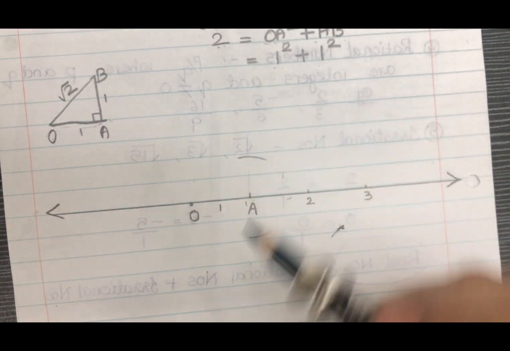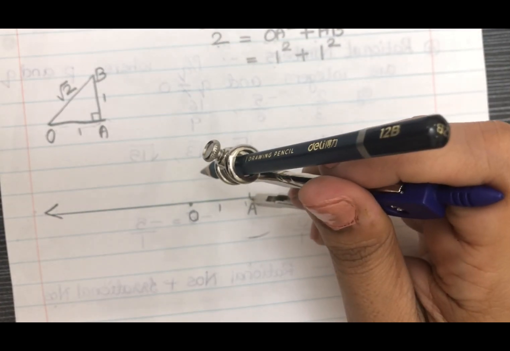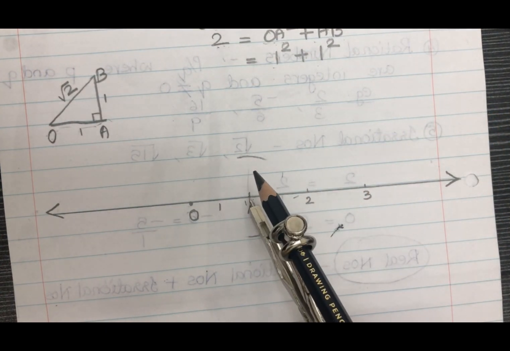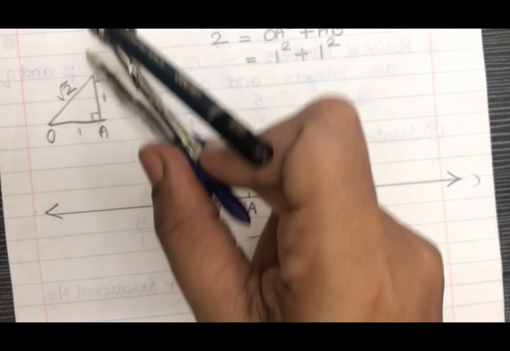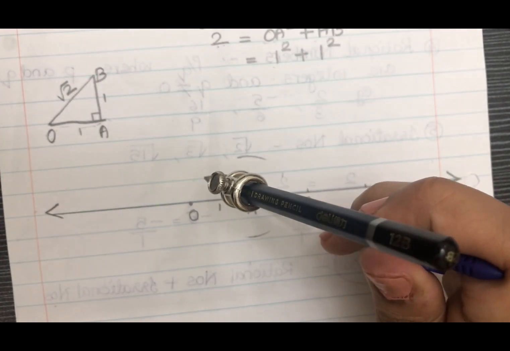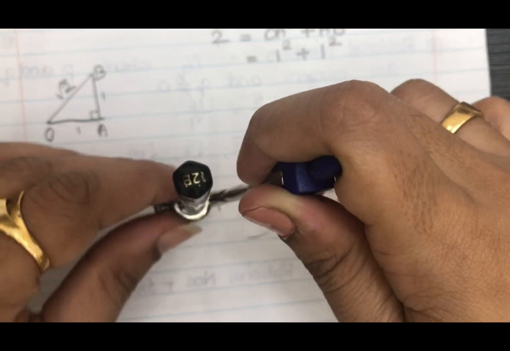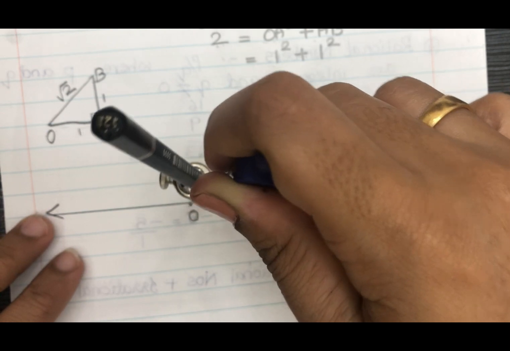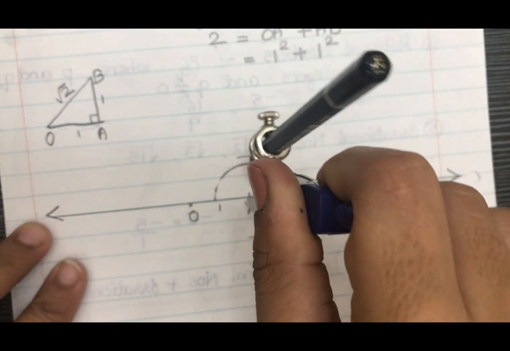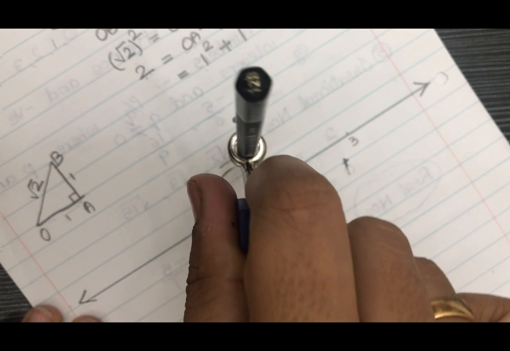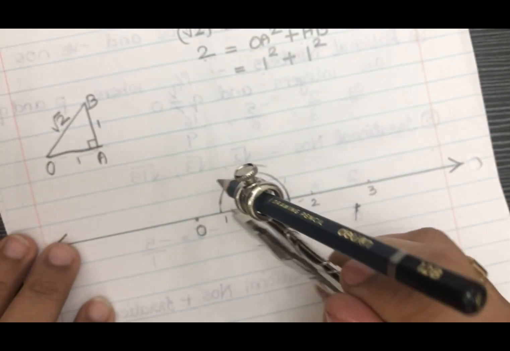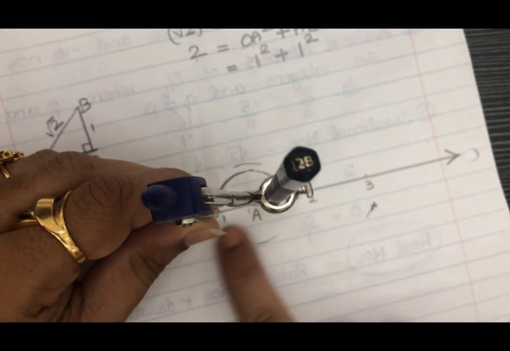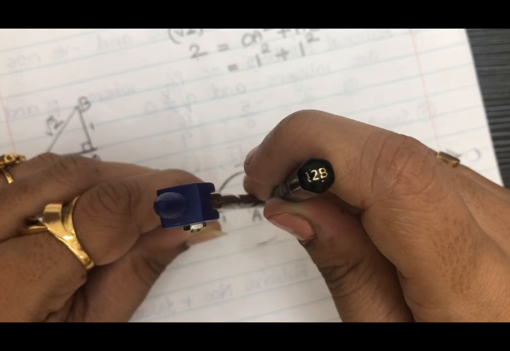We have OA equal to 1. Now I'll draw a perpendicular from the point A to get the line AB. You know how to draw that. First I'll draw an arc. Now from this point I'll take more than half of the radius.